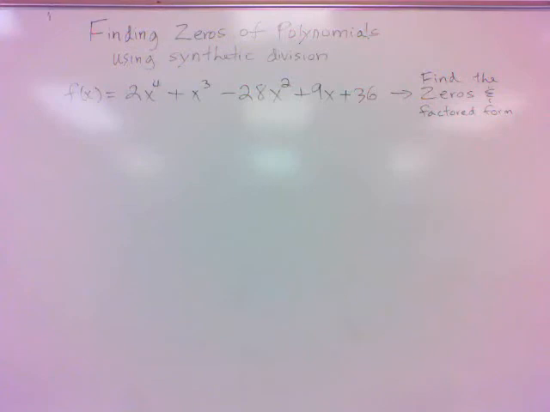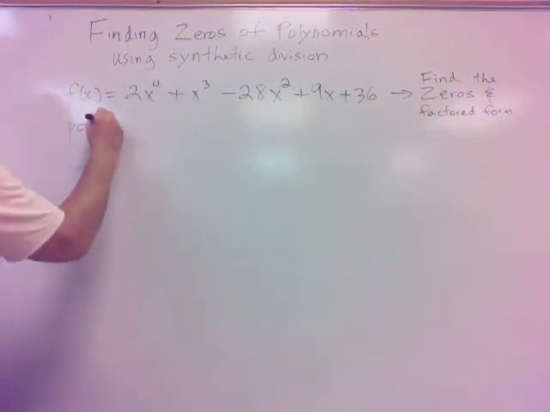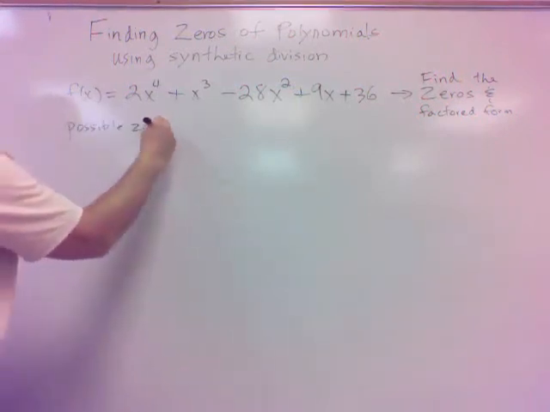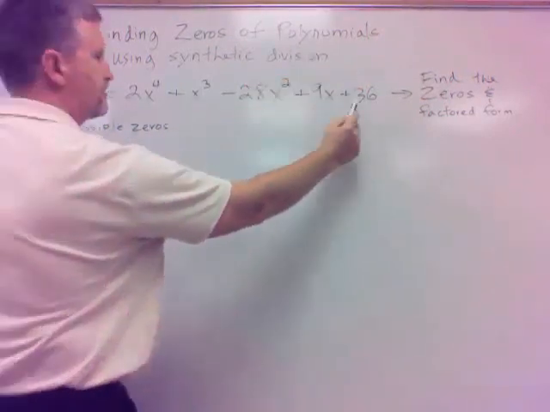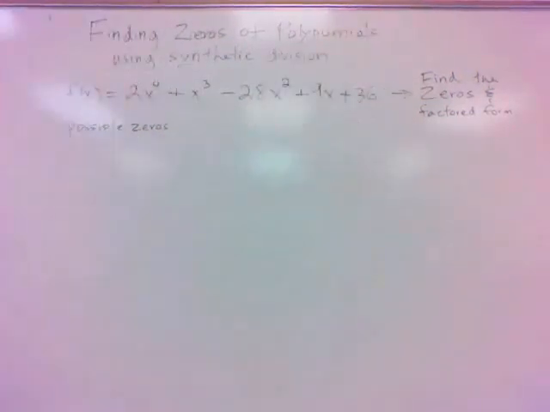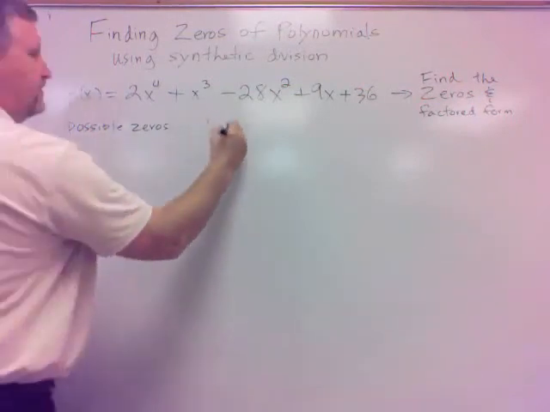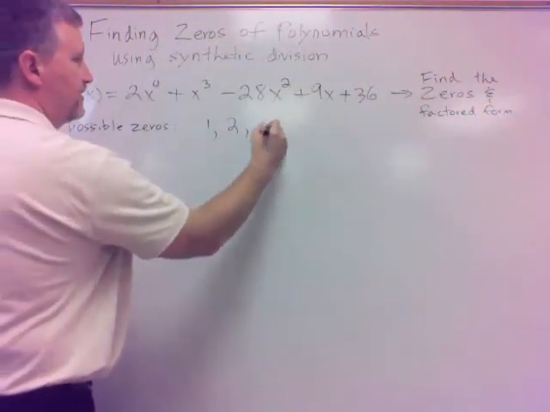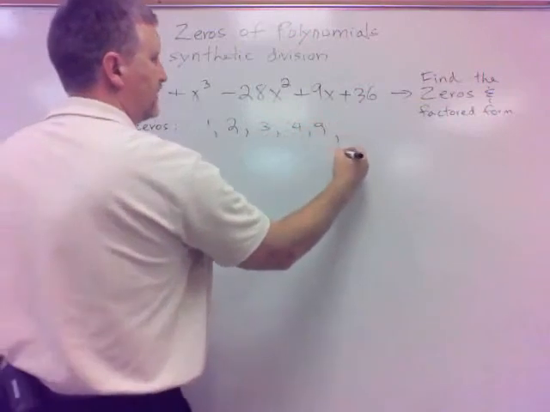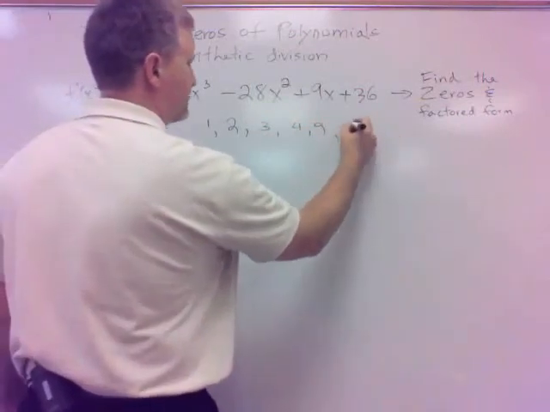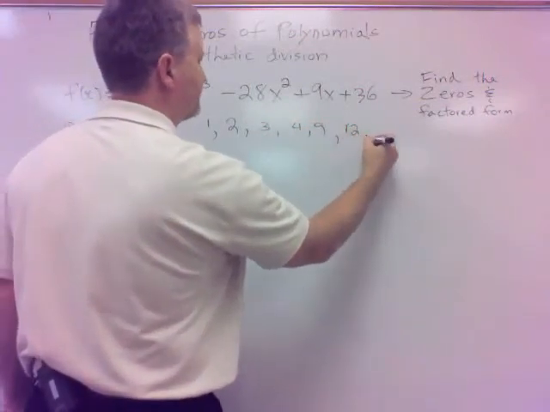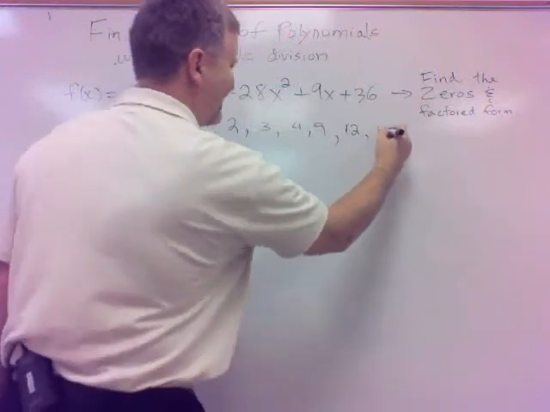All right. Well, okay. Where do we start? Good question, right? Well, what are my possible zeros? Well, as we said, some of the possible zeros are just factors of that 36. 36 has a lot of factors, doesn't it? 1, 2, 3, 4, 9, 8, 6, 12, and 18, and 36 even.